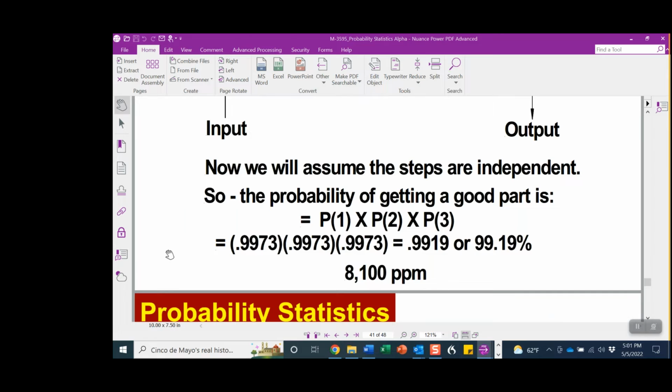Now we will assume the steps are independent. So the probability of getting a good part is probability of 1 times probability of 2 times probability of 3, which is 0.9973 to the 3rd power, which gives me 0.9919. Let me make sure that's right.